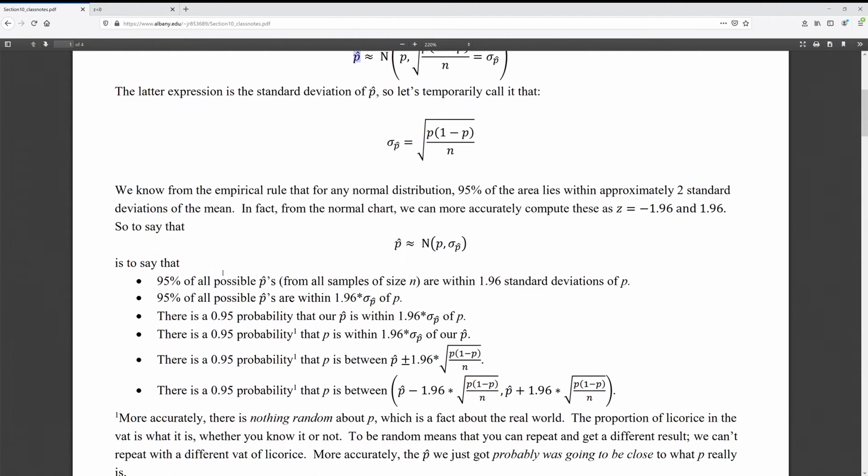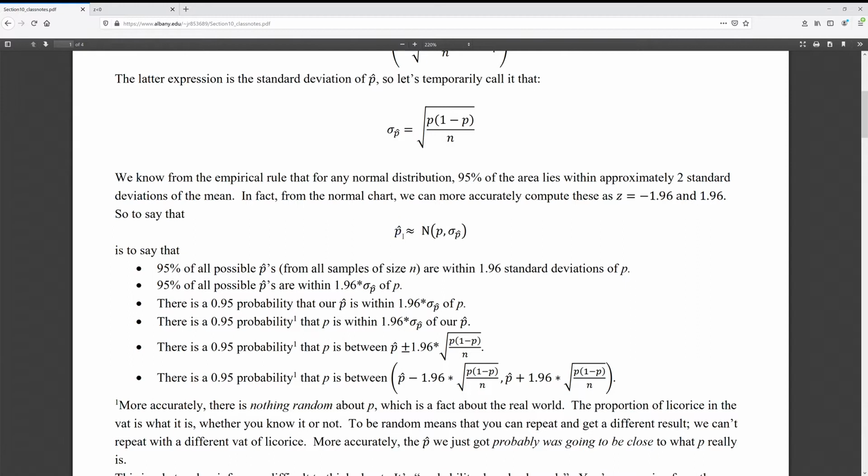So again, to say that p-hat is approximately normally distributed, now the approximately again is not our problem, p-hat is approximately normally distributed with mean p and standard deviation this guy. That is to say that 95% of all possible p-hats, remember, you can think of this as either the pattern of randomness for the p-hat that you're likely to get, or, probability being what it is, how all possible p-hats from all possible samples break down into a pattern.